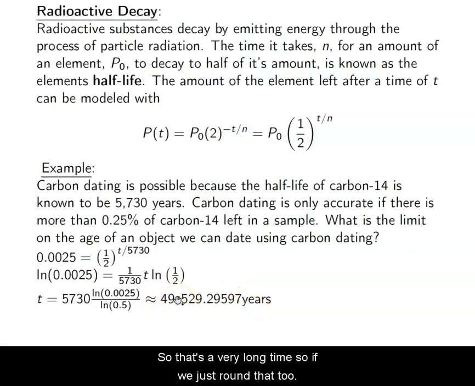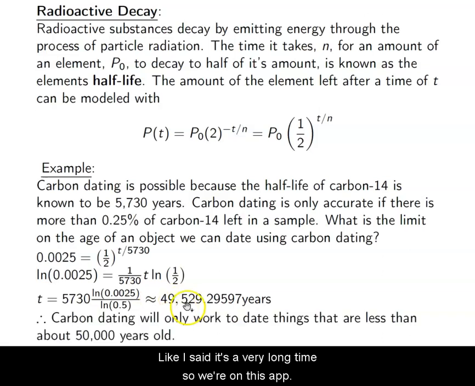That's a very long time. If we round this up, it's basically 50,000 years old. So anything that's more than 50,000 years old, I'm probably not going to be able to date it.